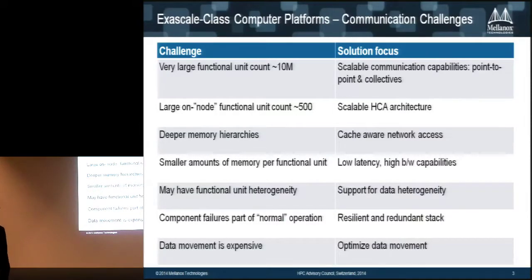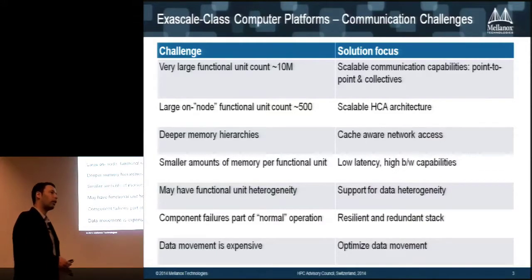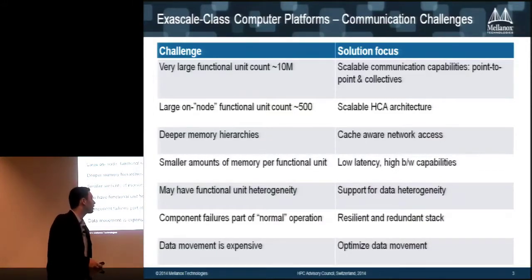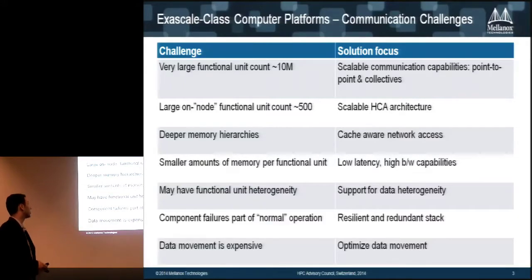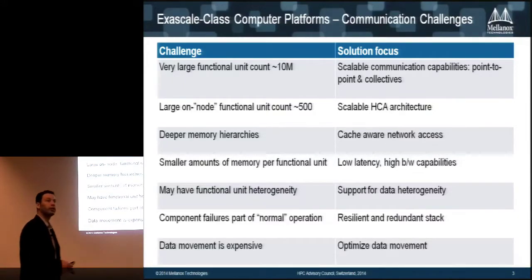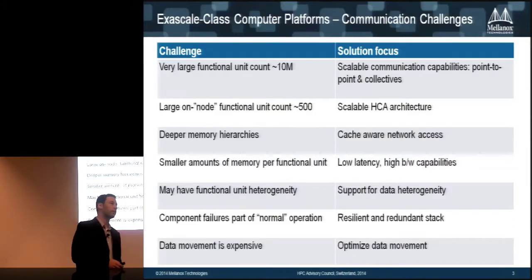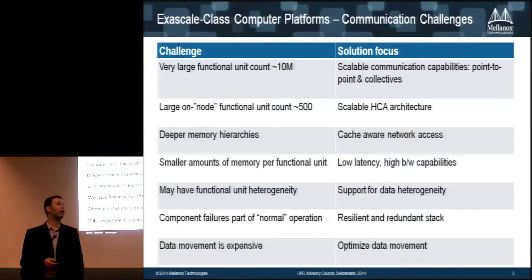Definitely we're talking about a very massive computing element count. We're talking about tens of millions of functional units that can be processed as threads or anything that can compute, and that's going to also evolve over time.